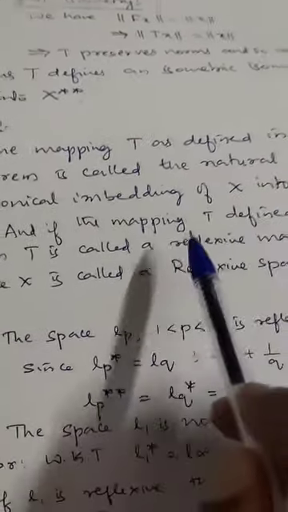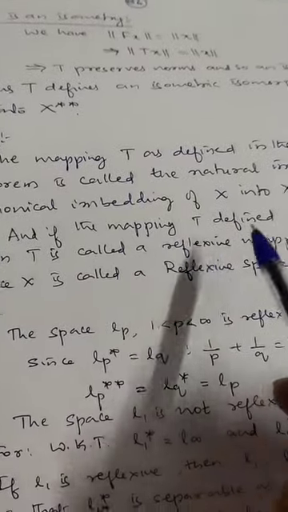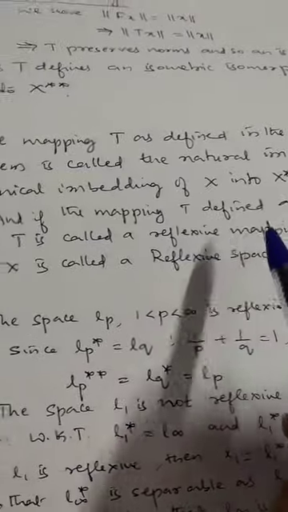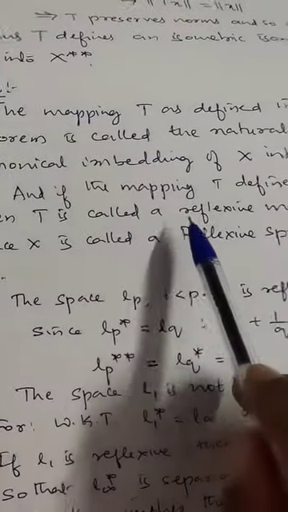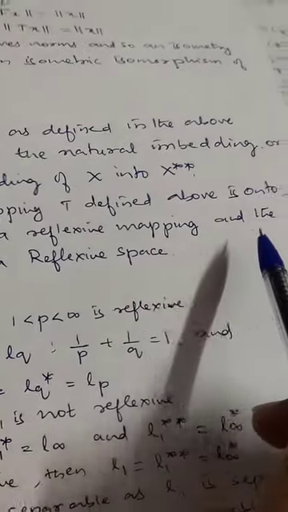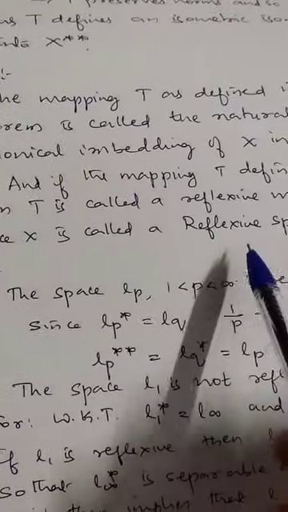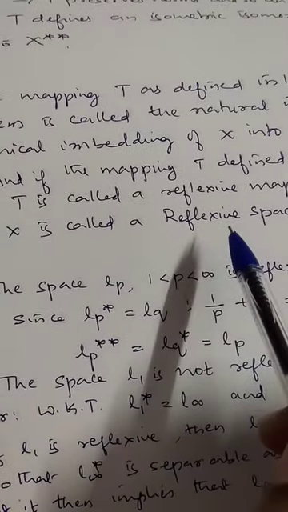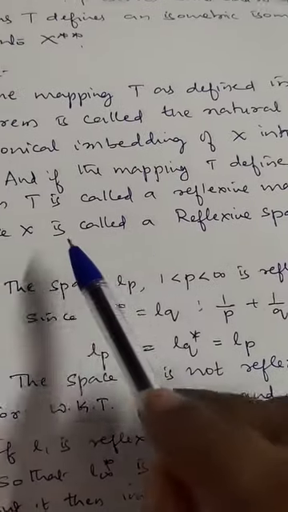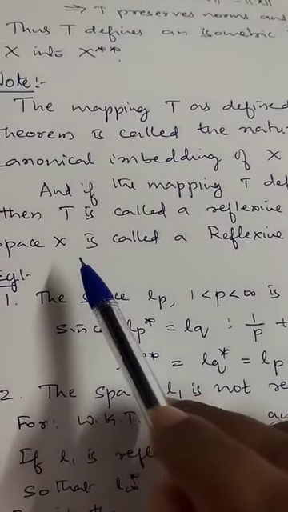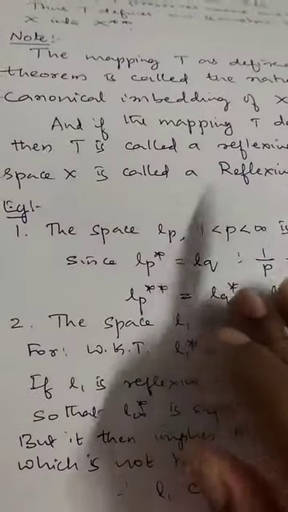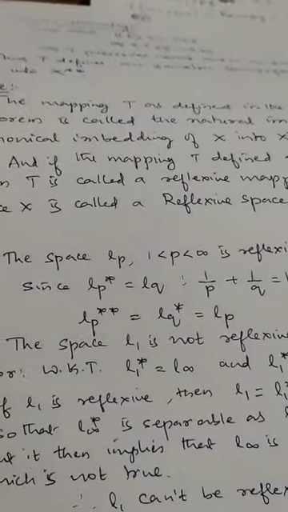If the mapping T defined above is onto, then that mapping T is called the reflexive mapping and the space X is called the reflexive space. If there exists an isometric isomorphism of X onto X double star, then the space is called the reflexive space and the mapping is called the reflexive mapping.